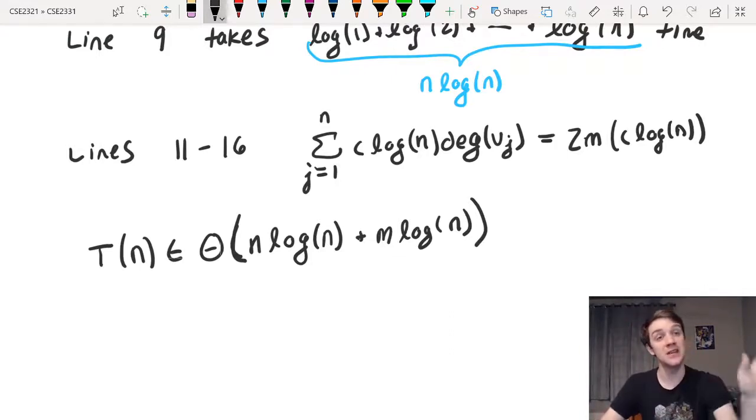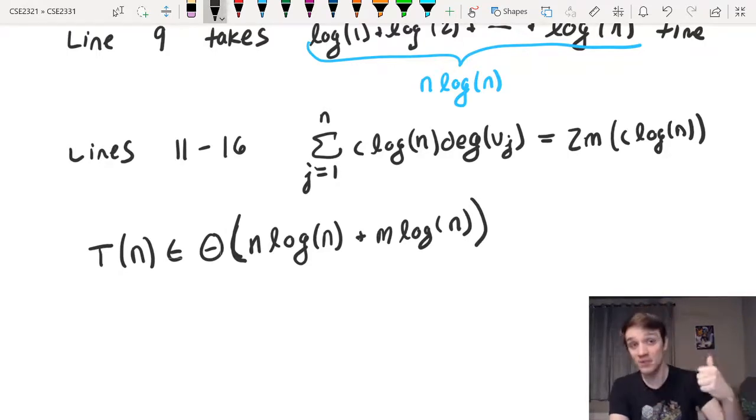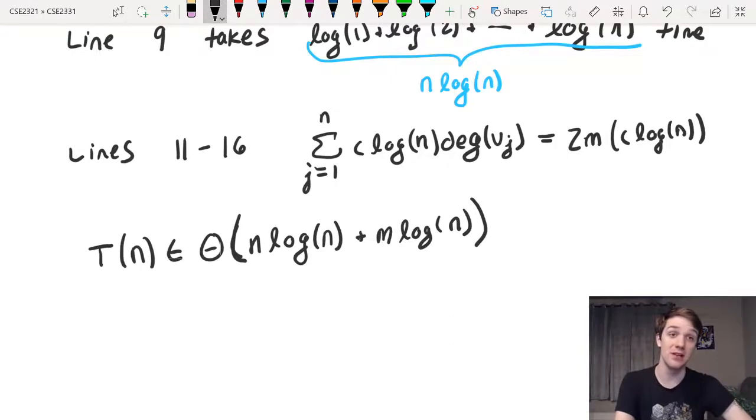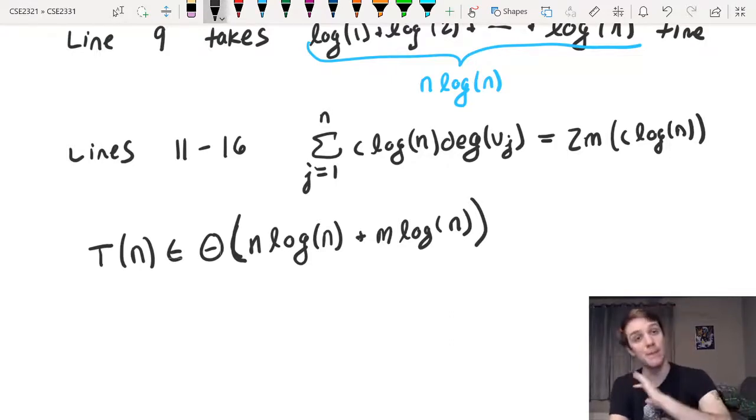So we make some savings here by using a data structure. As we've seen before, we always pay a bit of a price. The first algorithm was n cubed, but didn't have the number of vertices in it anywhere. The second algorithm was n squared plus m. We paid a cost by adding in the number of vertices as a trailing term. We then made that cost worse by adding in a log n factor to it as well here, but we improved the bad term.